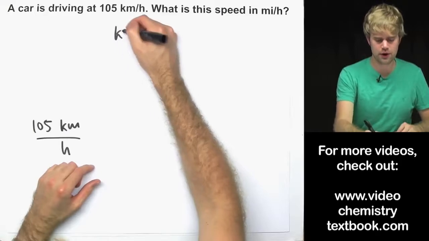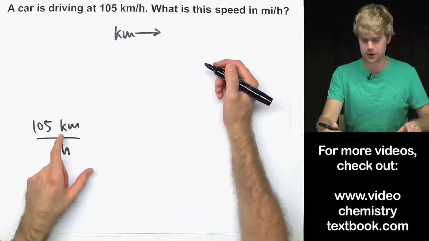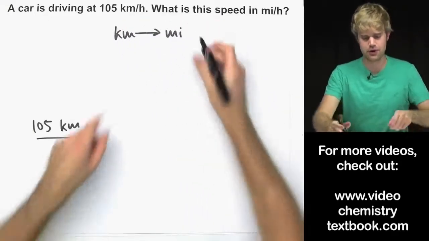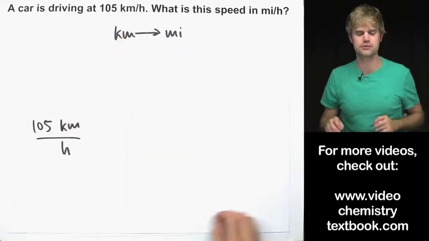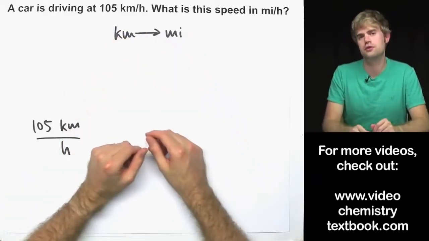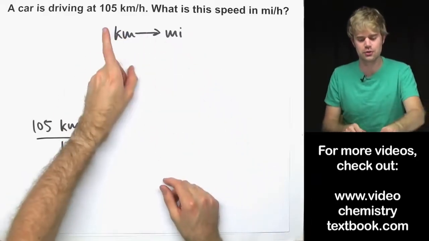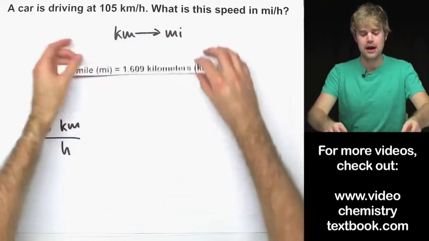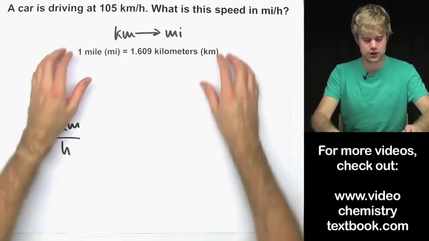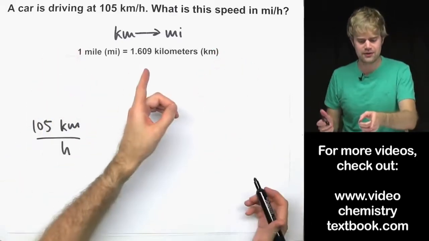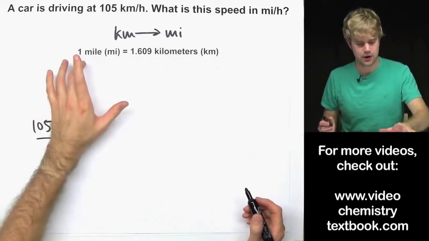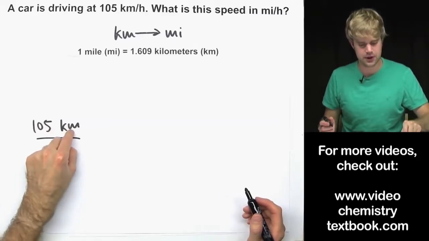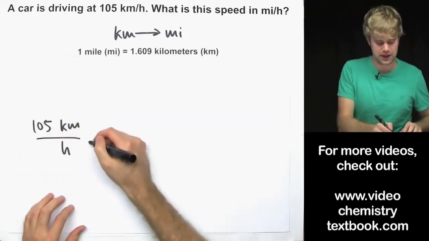What is the speed in miles per hour? So we want to go from kilometers per hour to miles per hour. So we're going from kilometers to miles. In order to do this conversion, I need to find a relationship between kilometers and miles. You can look it up somewhere and you'll find this relationship here. I want to write this as a conversion factor to get rid of kilometers and put miles instead.